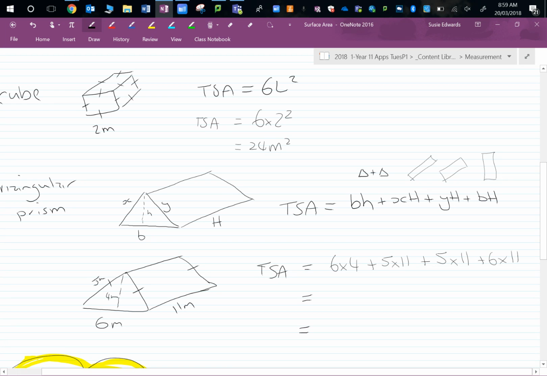Now, if you wanted to, you could just add them all together and go 16 times 11, because they're all times 11s. So we've got 24 plus, square meters.